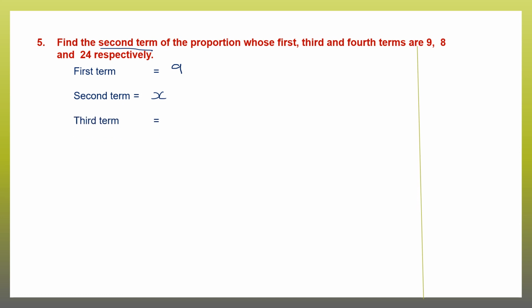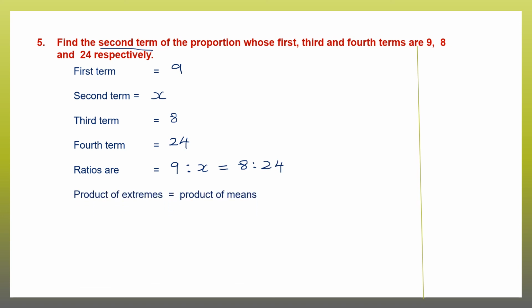The third term is 8 and the fourth term is 24. So first we write down the terms, then we make them ratios. The first and the second term make the first ratio, so 9 is to x, and this is equal to the third and the fourth terms, 8 is to 24. So we've got our ratios.